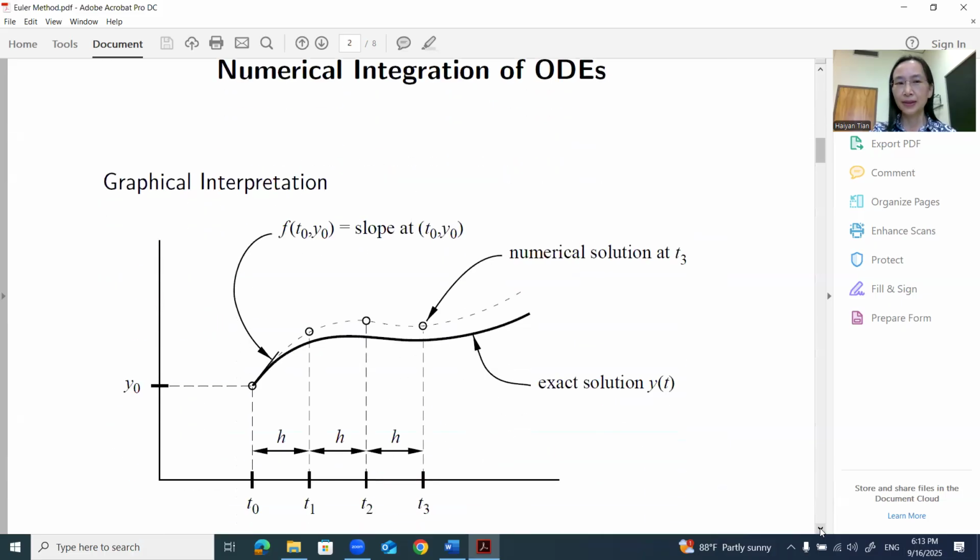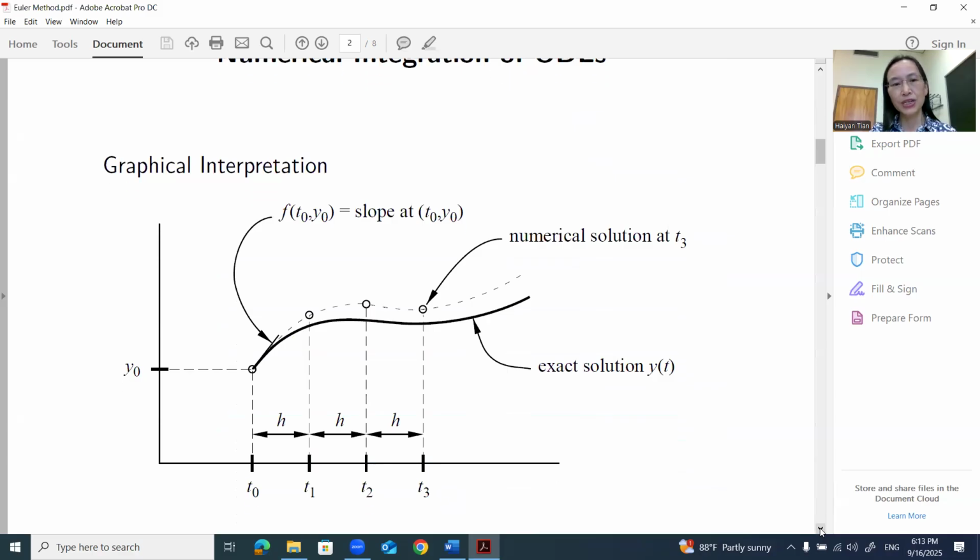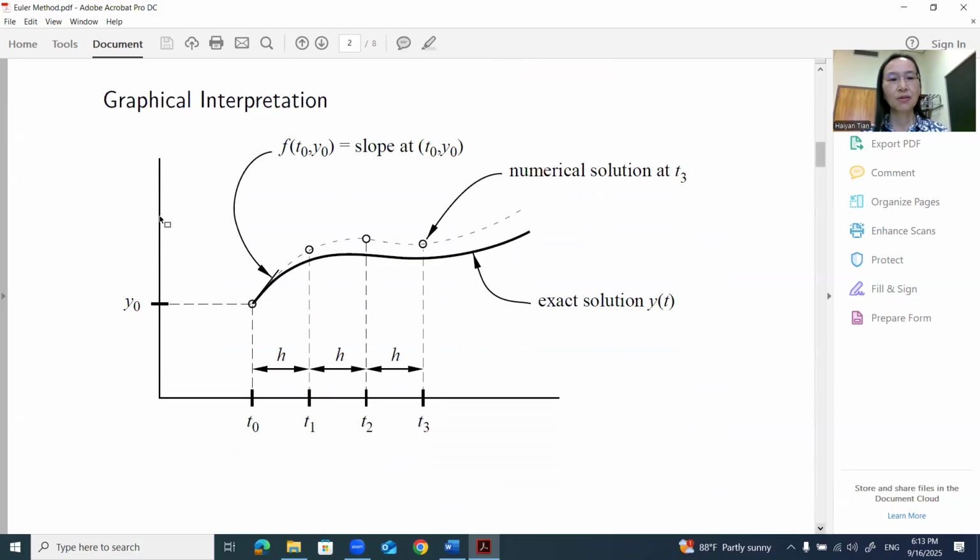And we can look at the numerical integration of the differential equation and the graphical interpretation. When you see the bold face curve, that represents an exact solution to the ODE. So that solution curve is the exact solution, this bold-faced one.